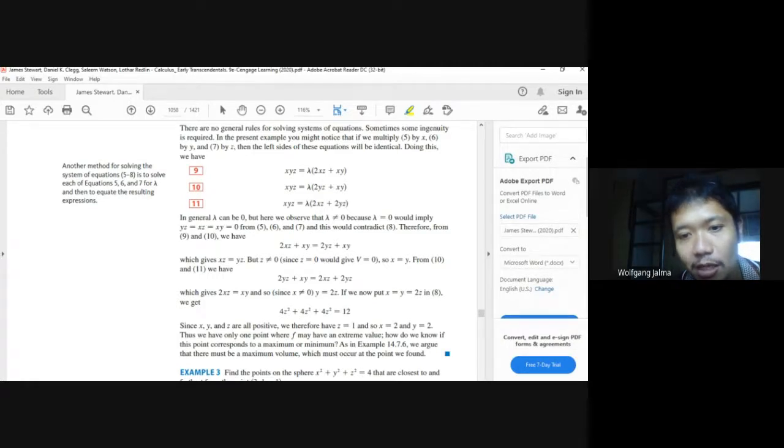Most of the time, we don't care about the value of the Lagrange multiplier itself. But I give you some intuition. What does it mean if the Lagrange multiplier is 0? What does it mean if the Lagrange multiplier is infinite?